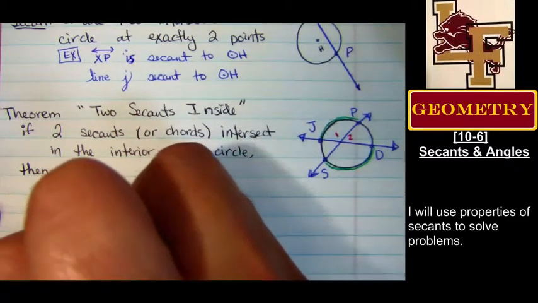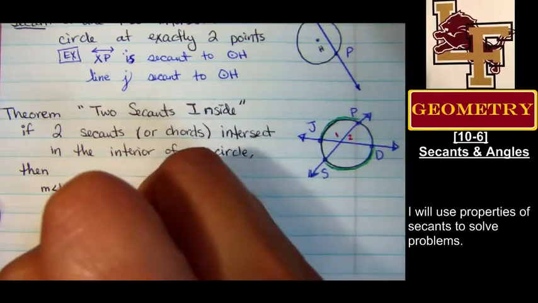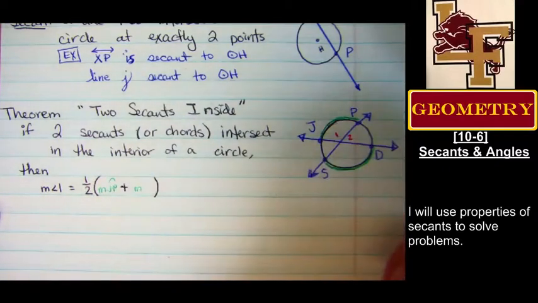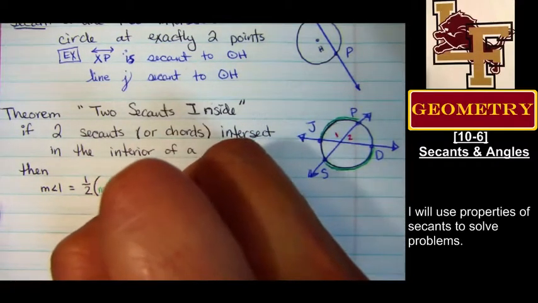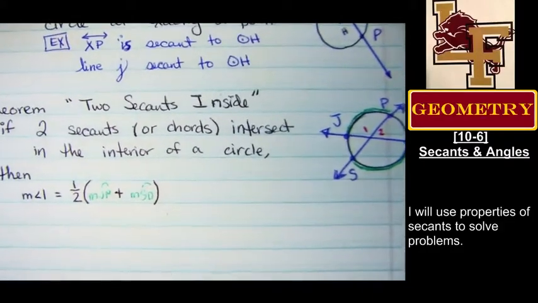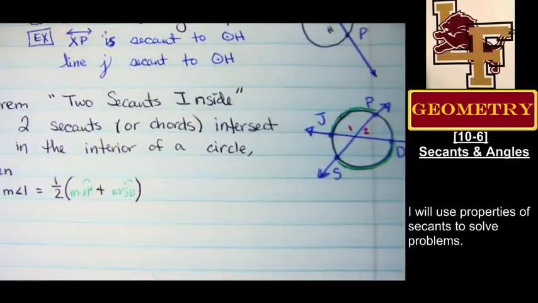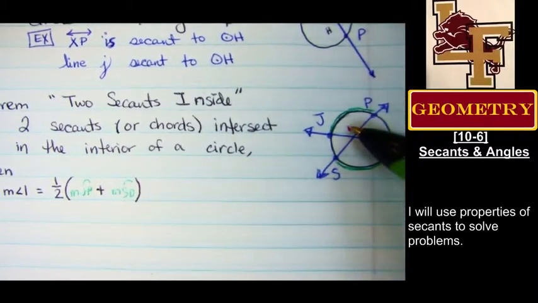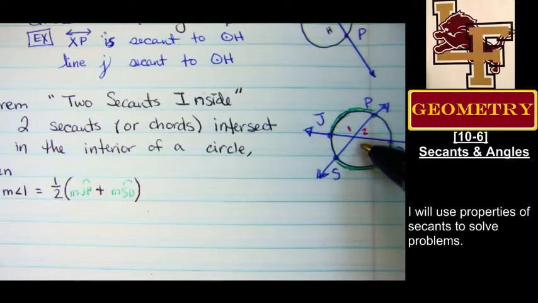So the measure of arc JP plus the measure of arc SD. Add those arc measurements together, divide them by 2, and that will give you the measure of this angle here. It also gives you the measure of the angle across from it, because they're vertical angles, and vertical angles are congruent.